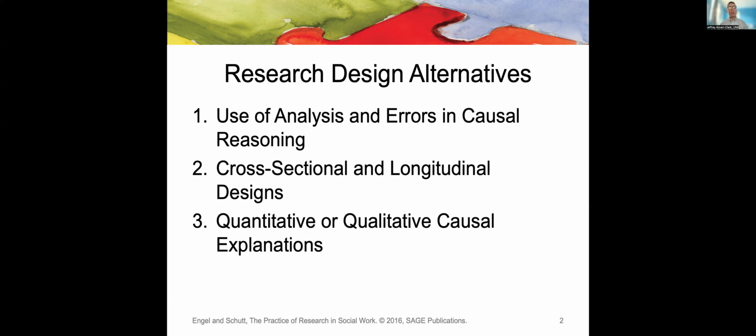But in essence, how we use the analysis, how we understand errors and the influence of outside forces, stuff that is beyond your control out in society or things about an individual. Then we will talk about cross-sectional designs versus longitudinal designs, and then we'll get into some of the causal explanations.